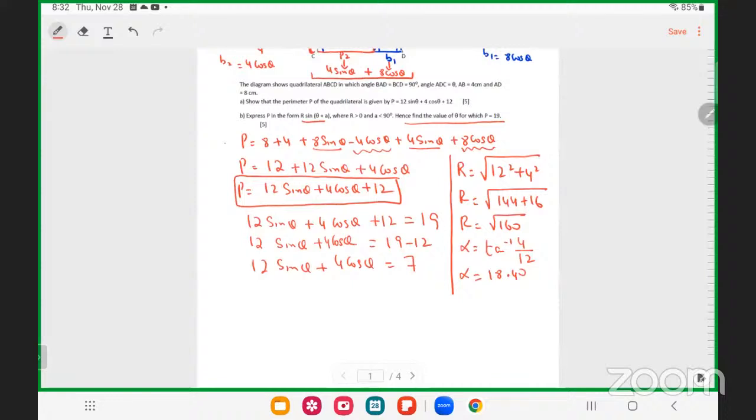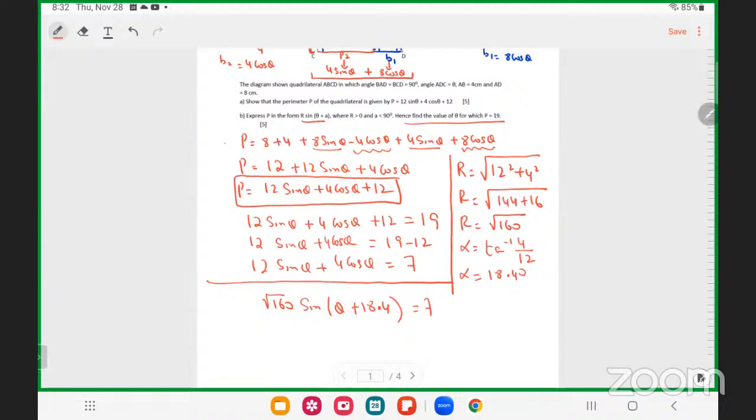And thus this turns out to be R, that is under root of 160 sine theta plus 18.4 is equal to 7.